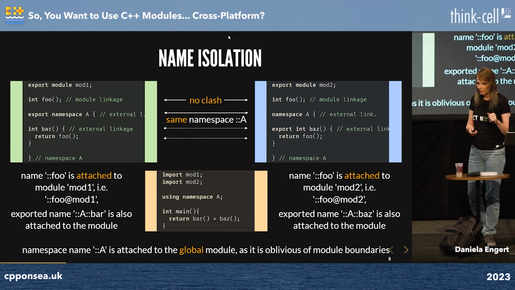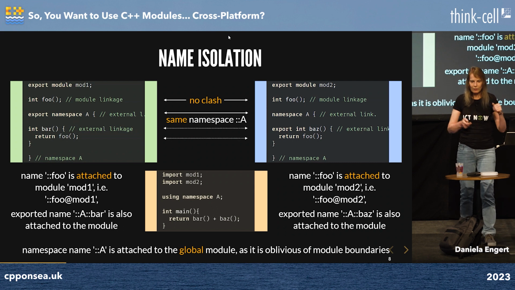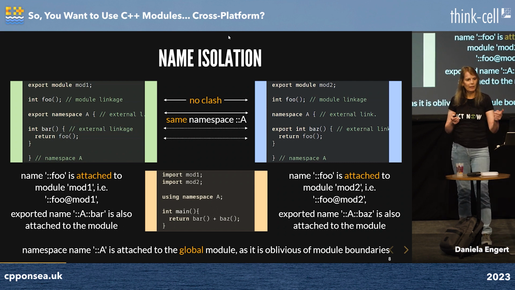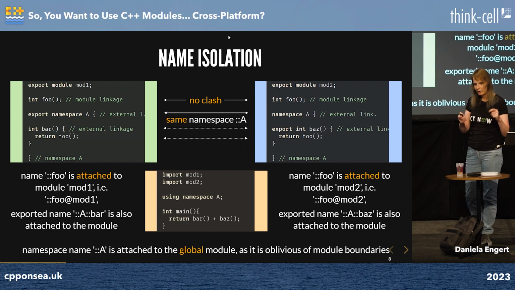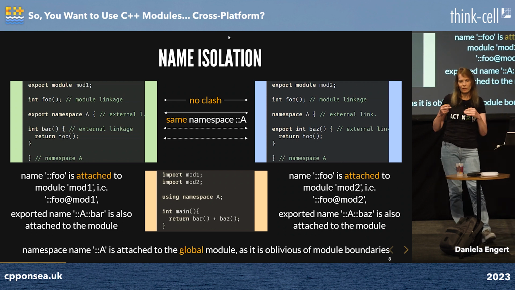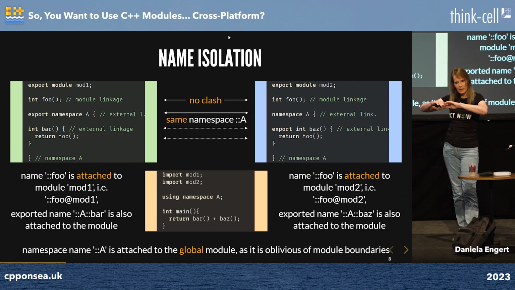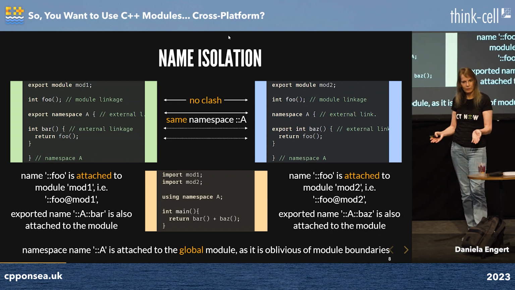But now with modules, if you declare an entity within the purview of a module but don't export it, it now gets module linkage. This is a new kind of linkage very similar to external linkage, but it applies only throughout the whole module purview.